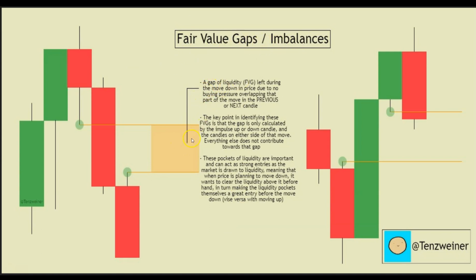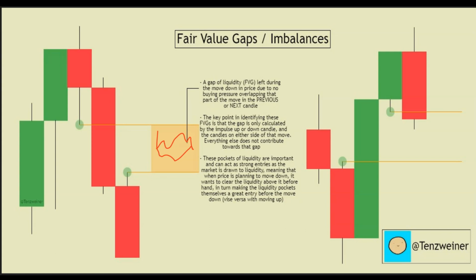Okay, so we can see right here, in this box, is a gap of liquidity, a fair value gap, left during the move down in price due to no buying pressure overlapping that part of the move in the previous or next candle.